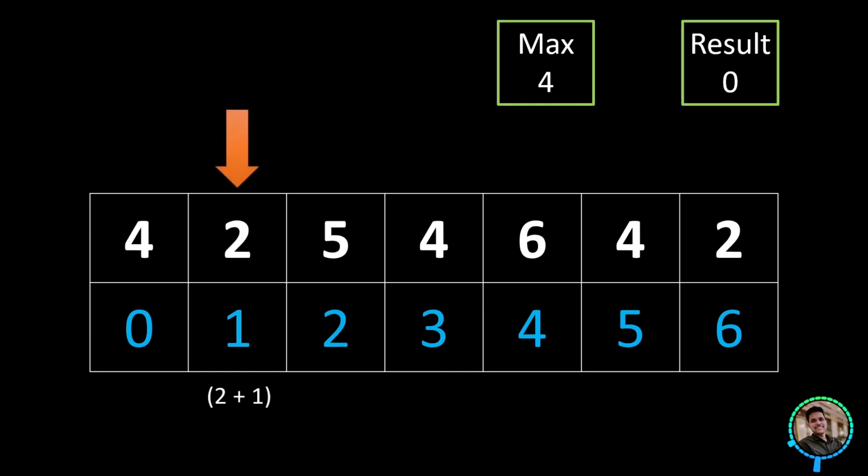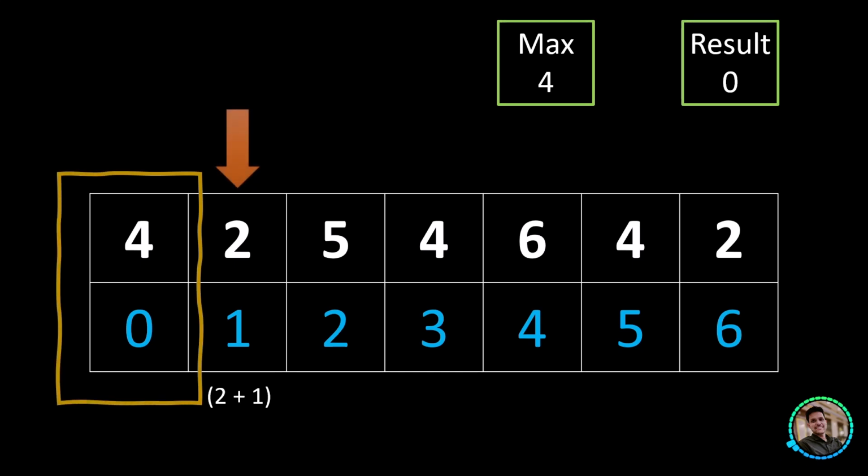Now the actual logic starts. We are at the index 1. The value that this site has is 2 plus 1. We have to find out the max for all the previous values before this particular index. Now, what is result? Result in this case is nothing but max plus value of j minus j, value of j minus j being the current index value and max being the maximum value from all the previous indexes.